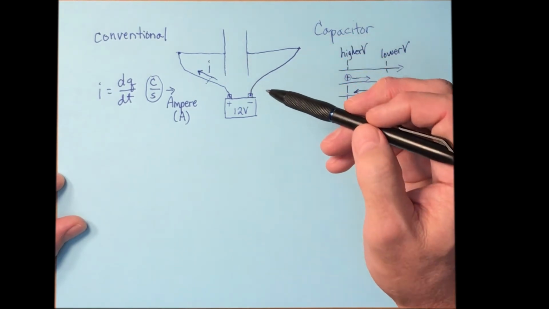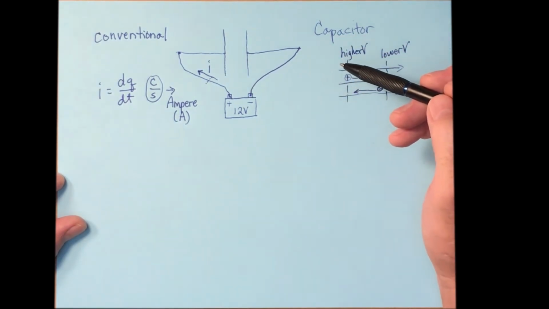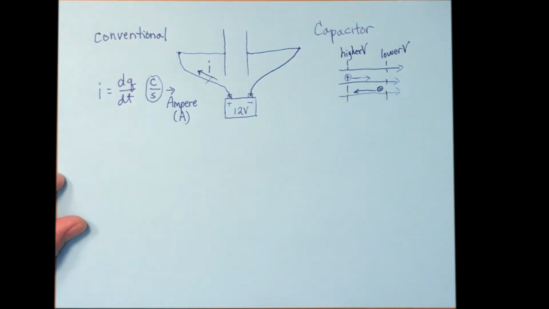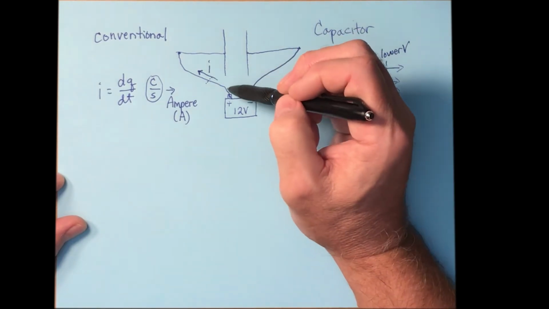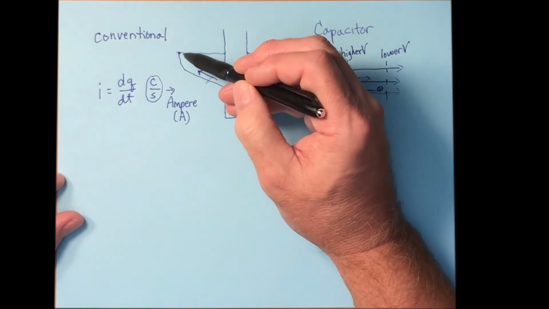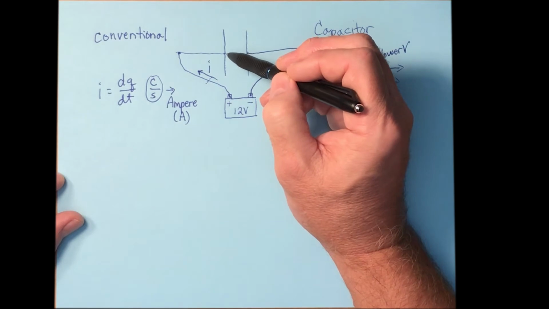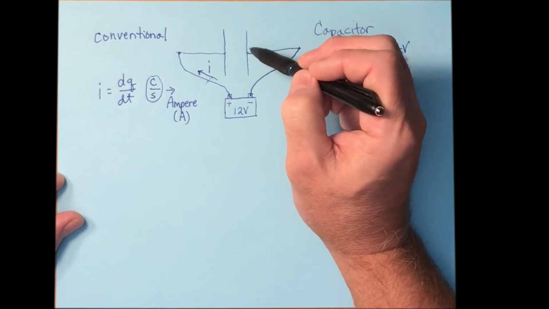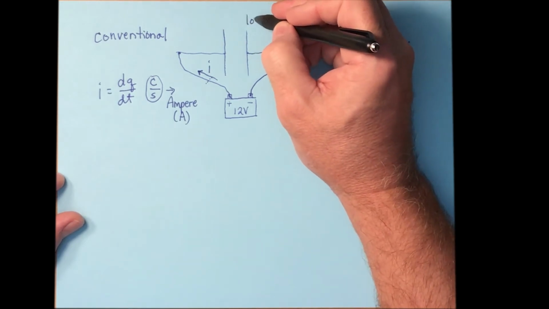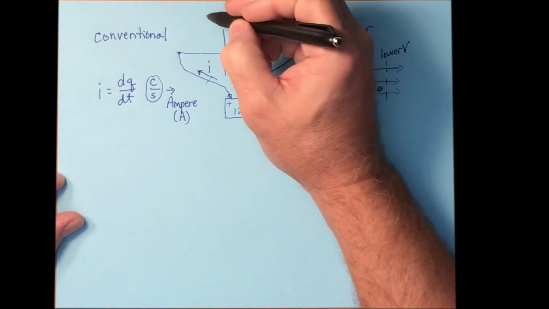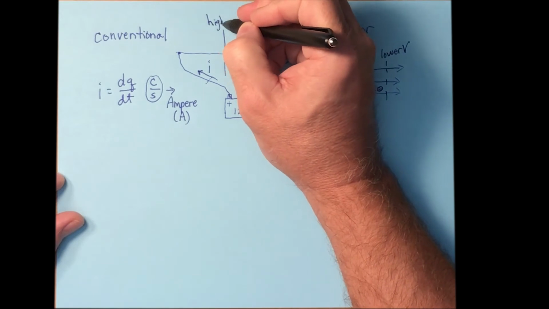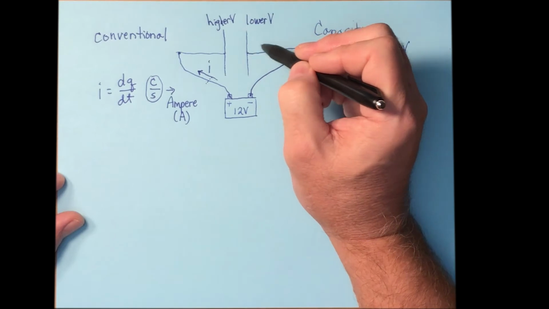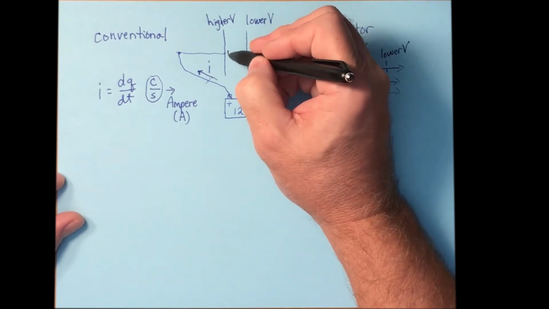But once again, you as a good physics student understand that it's not the positive charge that moves, it's the negative charge that moves. So what's going to happen here is the charges are going to come along here and get to this plate. Now, there's a gap between these two plates. This is the lower potential side. This is the higher potential side. But the charge trying to get to the lower potential has to stop right here.